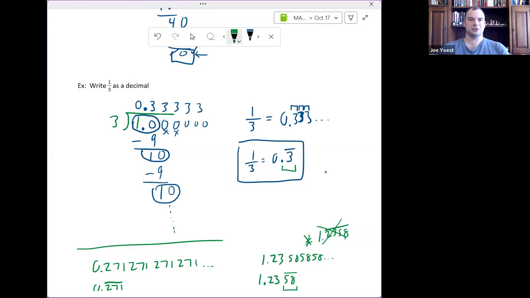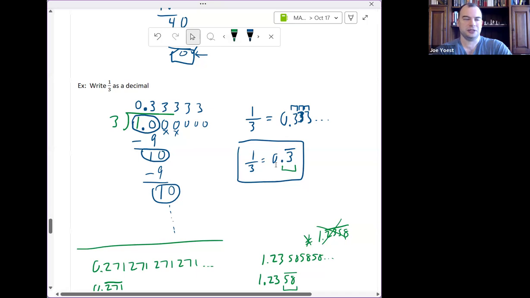So if a decimal terminates or repeats, I can write it as a fraction. If I have a ratio of 2 whole numbers, it will always either turn out to be a decimal expansion that terminates or that repeats. So the two are in a one-to-one correspondence that way.